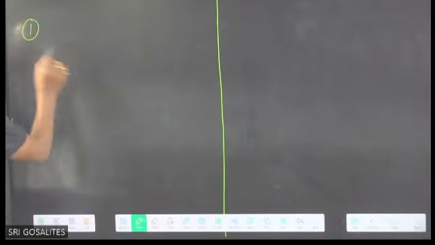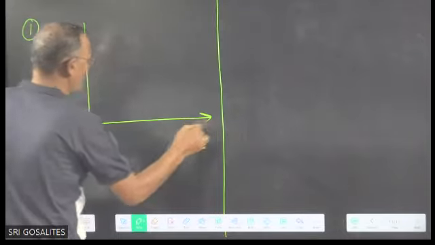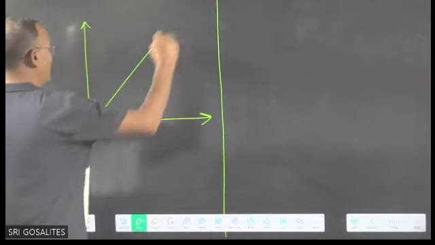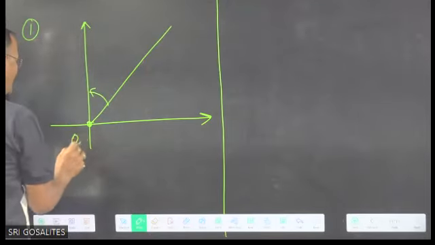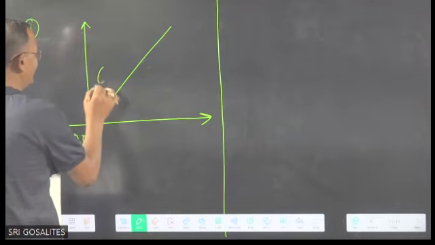Question number 1. Here a line passing through the origin.